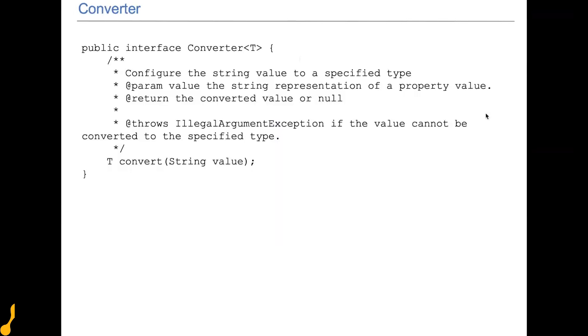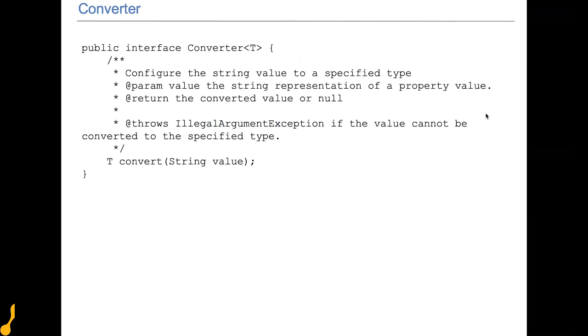The next one is the other layer. Once you get a config, you can retrieve each individual property in that config, and then with a converter, you can convert to a particular type. The Converter interface is very simple.